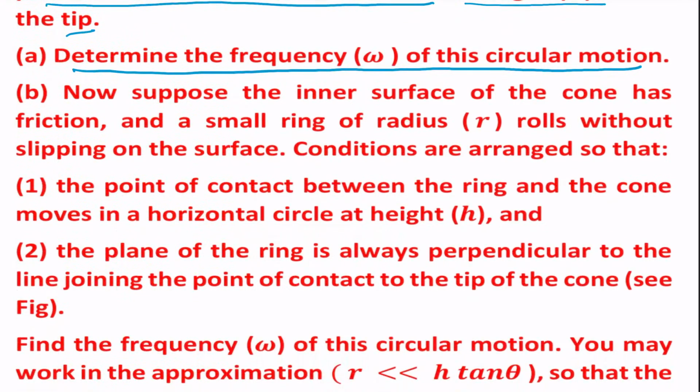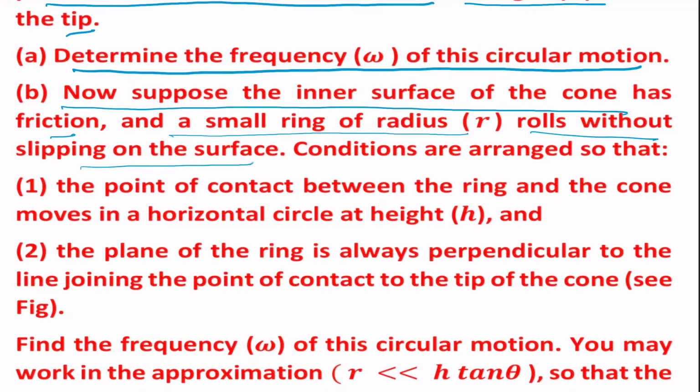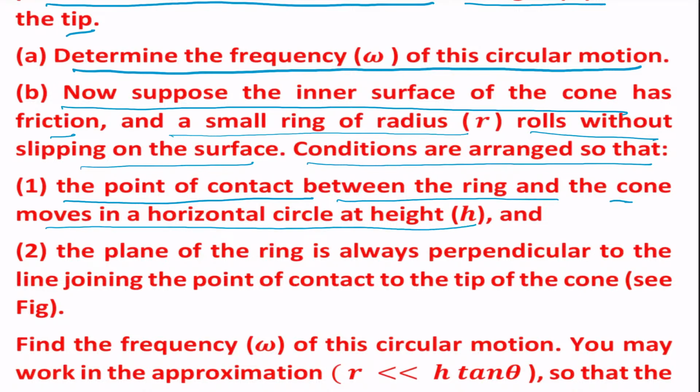And part B, now suppose the inner surface of the cone has friction and a small ring of radius r rolls without slipping on the surface. Conditions are arranged so that the point of contact between the ring and the cone moves in a horizontal circle of height h.